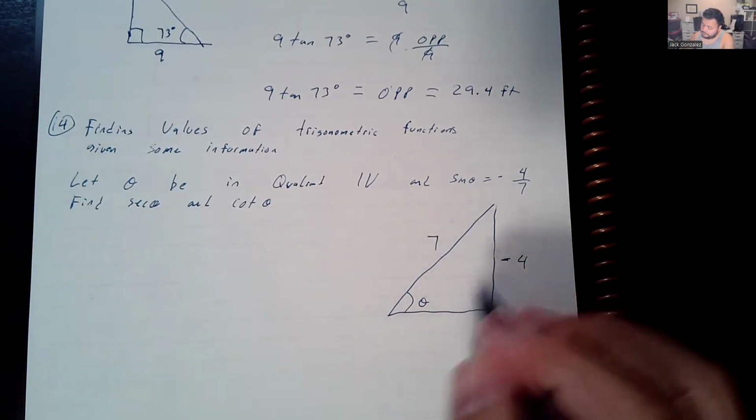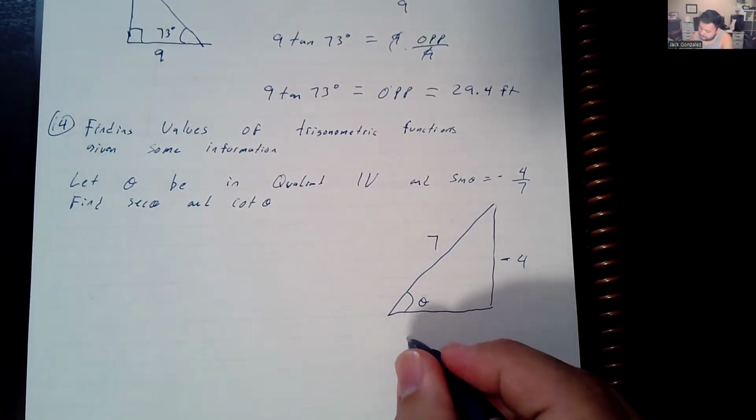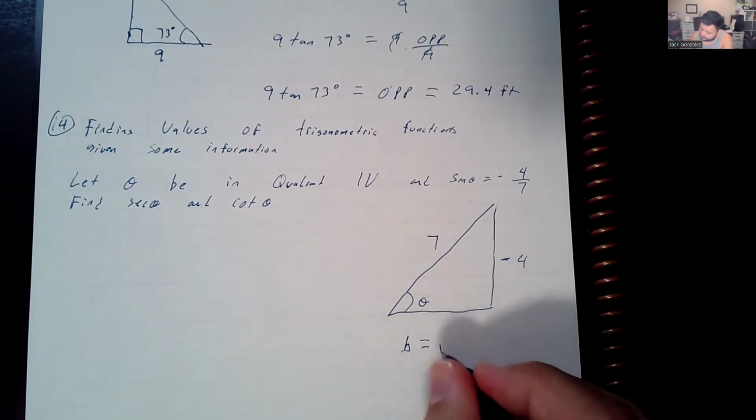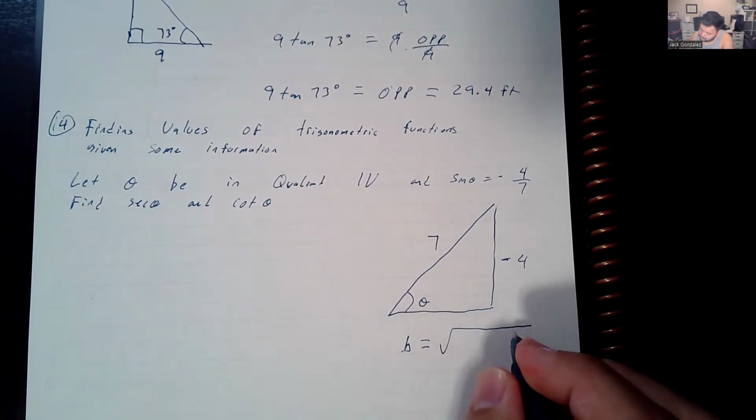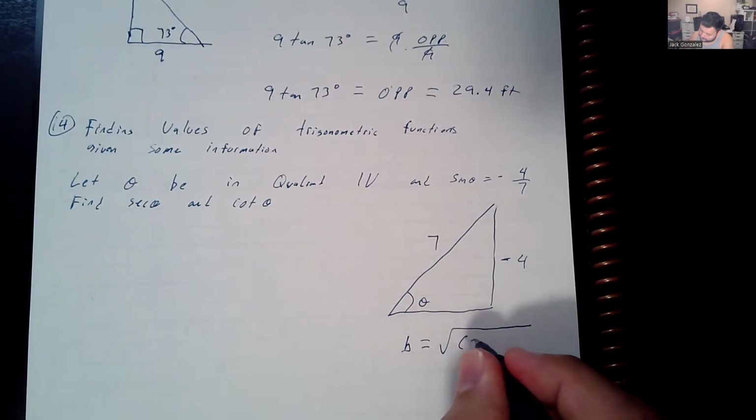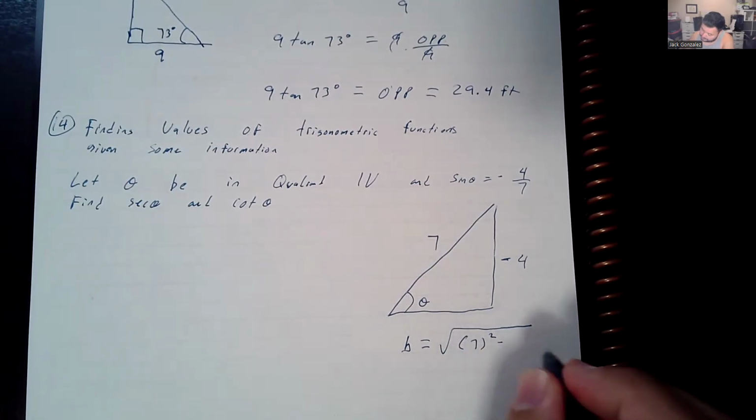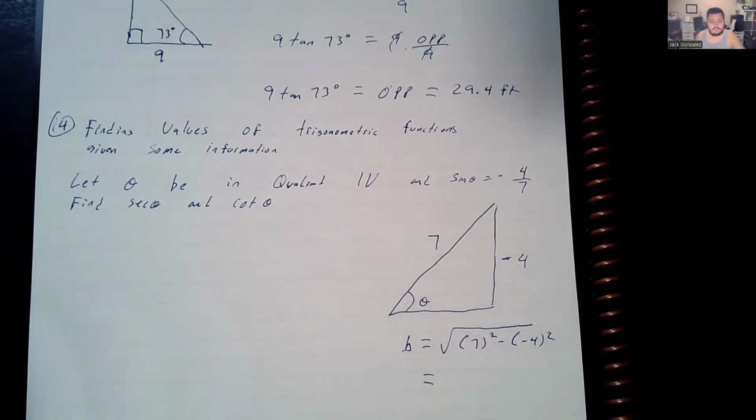Hypotenuse is 7. Solve this side, that's going to be b equal to the square root, the Pythagorean theorem, of 7 squared minus this guy squared. I'm skipping a little minor step there.